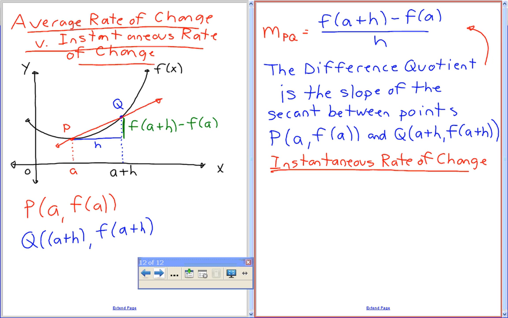This is the slope of the tangent at a single point.